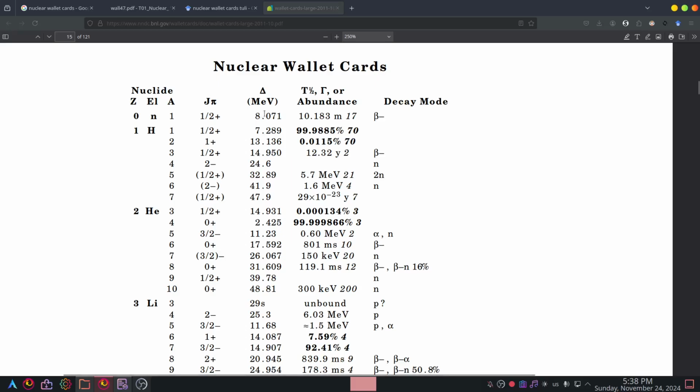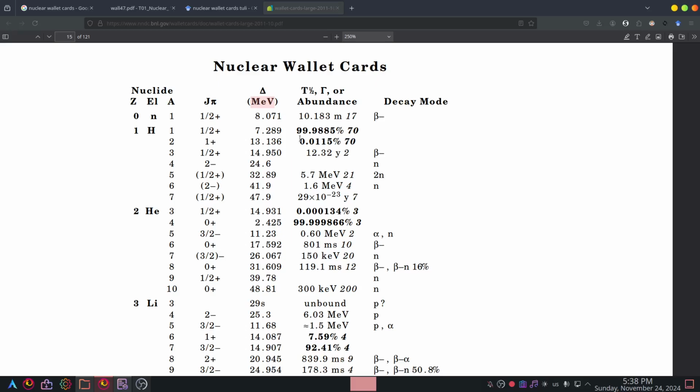This is all in MeV. MeV is a unit of energy rather than mass. But if you realize Einstein's E equals mc squared, mass-energy equivalence, it states that you can convert mass to energy using the factor of c squared, which is the speed of light squared.